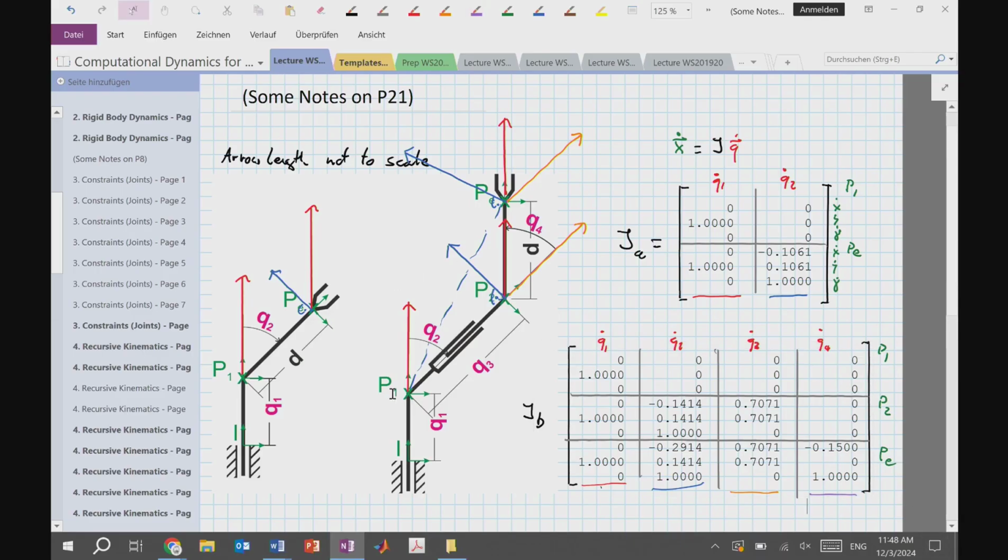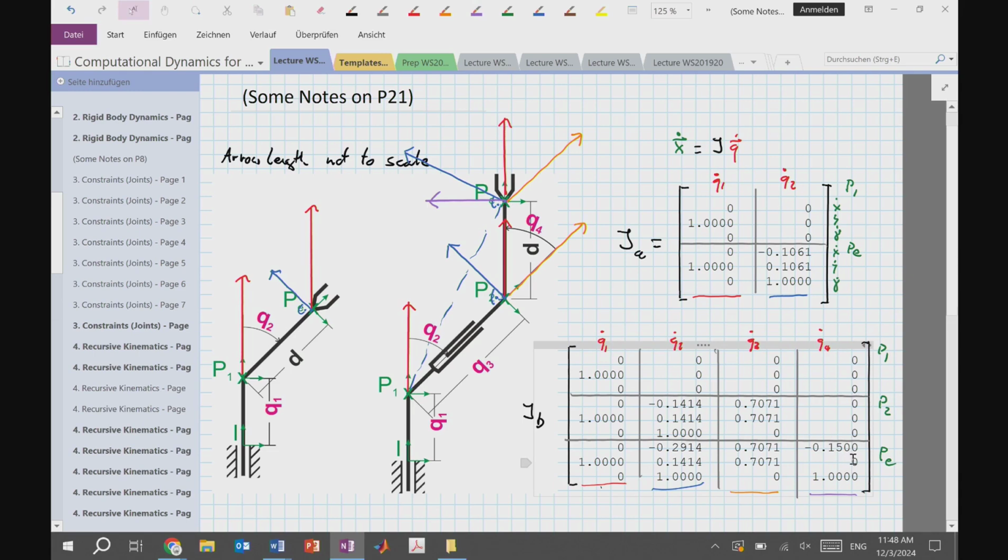And then we can do this one last time for joint Q4, where we see immediately, since this joint is sitting here, it's never going to influence P1. It's not going to influence P2. It's introducing a rotation about this point, which means that for this end effector up here, we get some motion purely horizontally. And that's also what we see here, right? We have this component in x direction.